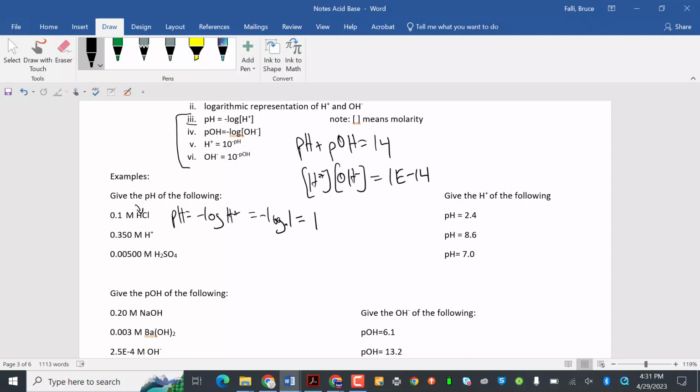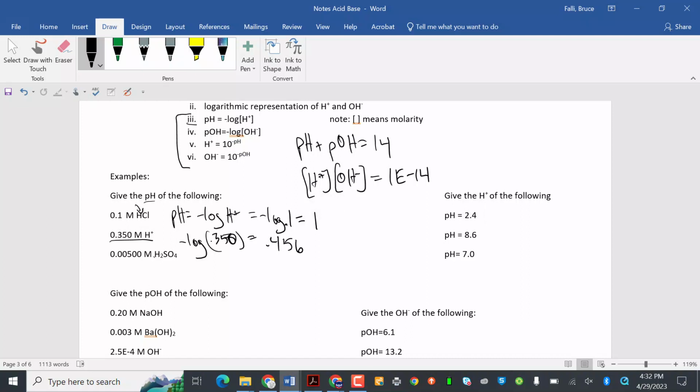There we go. I'm a winner. Next, 0.35 molar H positive. I want to find the pH of it again. pH is negative log of H positive, negative log of 0.35, enter, is 0.456.